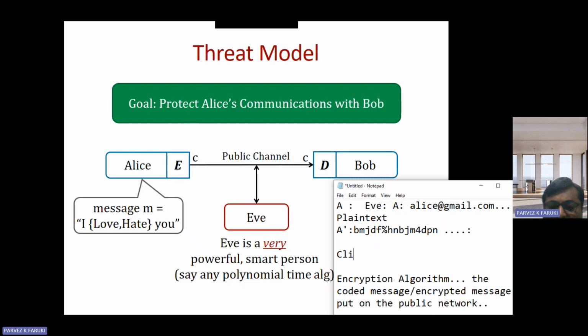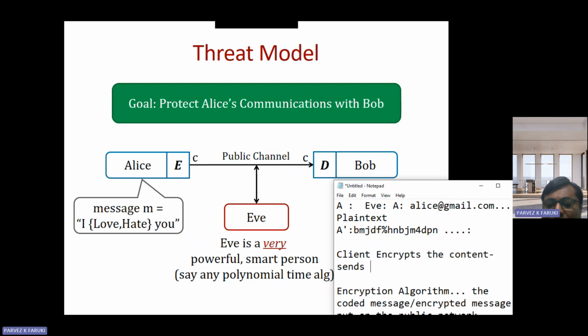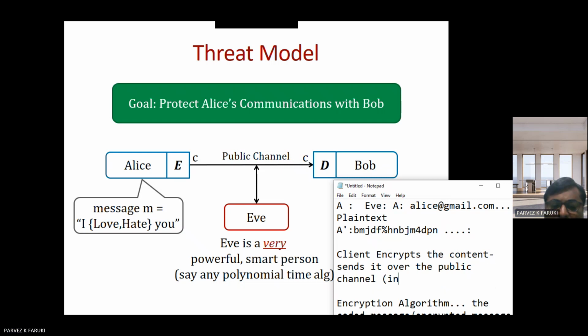So the client encrypts the content and sends it over the public channel, that is the internet. Since it is sent on the internet, it will reach the destination.